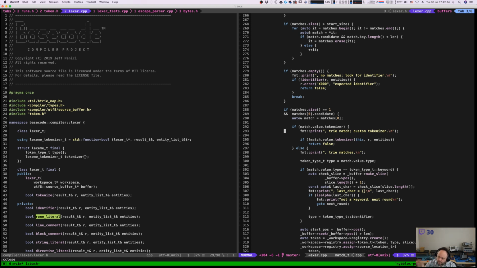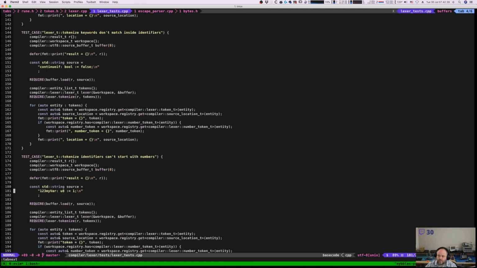Yeah, so we'll adjust the number tokenizer to check immediately after. If it's a character that it's not expecting, then the number's invalid, right? The parsing ends. And then that will handle this case at the tokenization level. So 123 myvar is not valid.